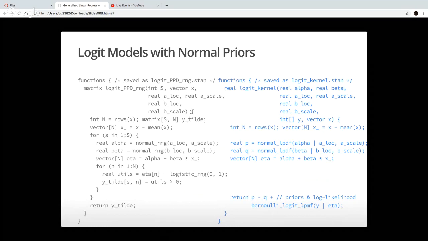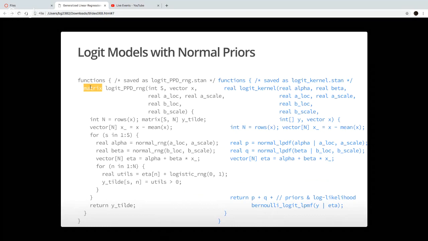The one on the left is what you believe the outcome to be before you see it, on the basis of your priors in conjunction with the model. So this is going to return a matrix of S rows and N columns.